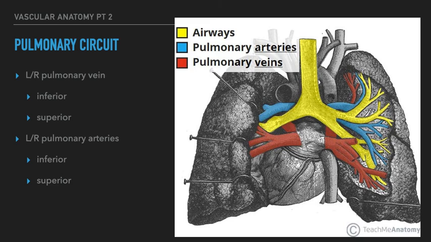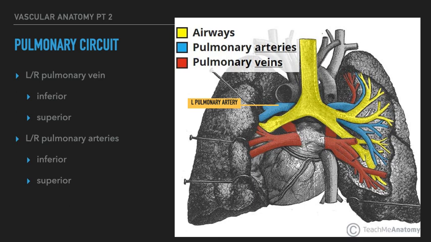So the pulmonary circuit is comprised of the veins and arteries through which blood flows to and from the lungs and heart. The deoxygenated blood leaves the heart through the pulmonary trunk, which is not shown in this image. It's blocked. And then from the pulmonary trunk, it's going to move into the left and right pulmonary arteries.